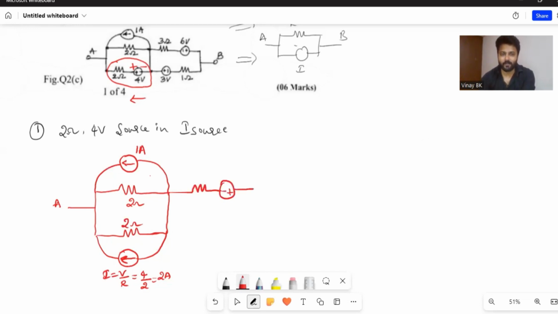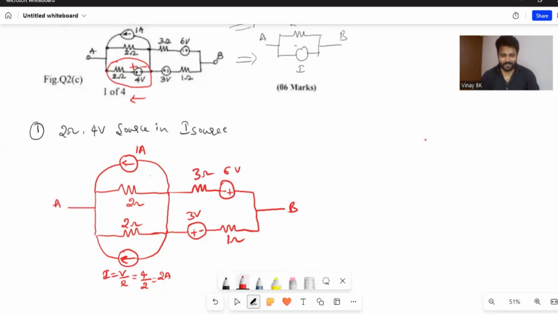Similarly, one more 3 volts, that is plus minus 3 volts, is in series with 1 ohm resistor, and these combinations are parallel to B. So it is 1 ohm, and again this is 6 volts, and this is 3 ohm.